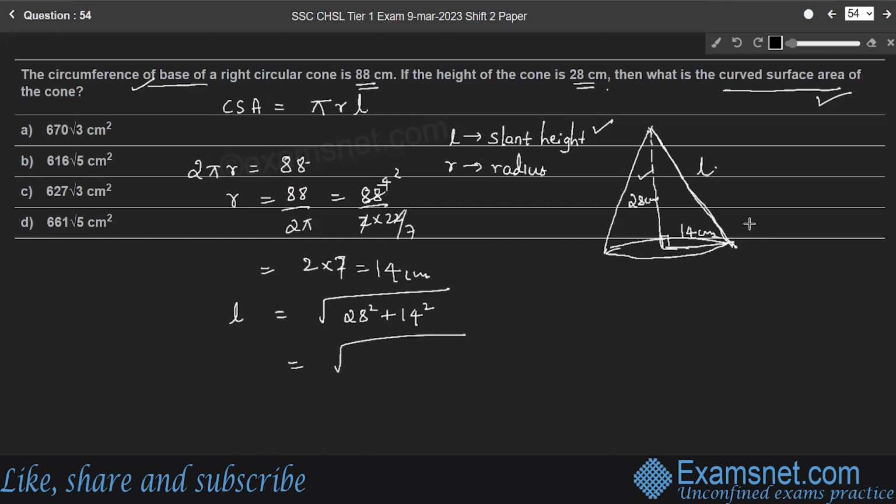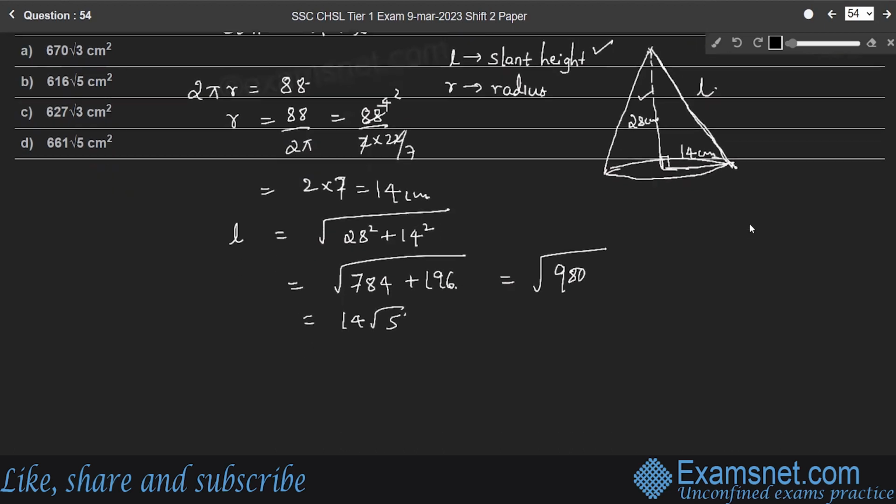Which is 784 plus 196. You will get 980. So slant height is root of 980, which is nothing but 14 into root 5.